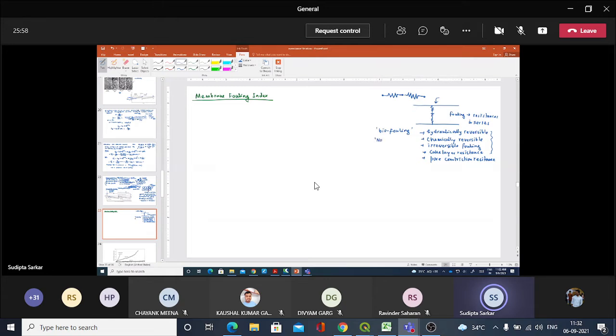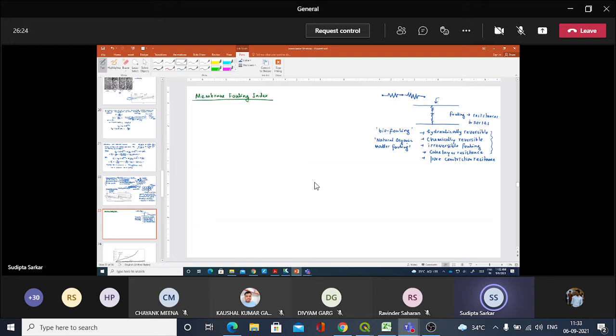And we have natural organic matter fouling. There are different types of other variations that also come when we talk about fouling. So there is no particular model that we can point to.